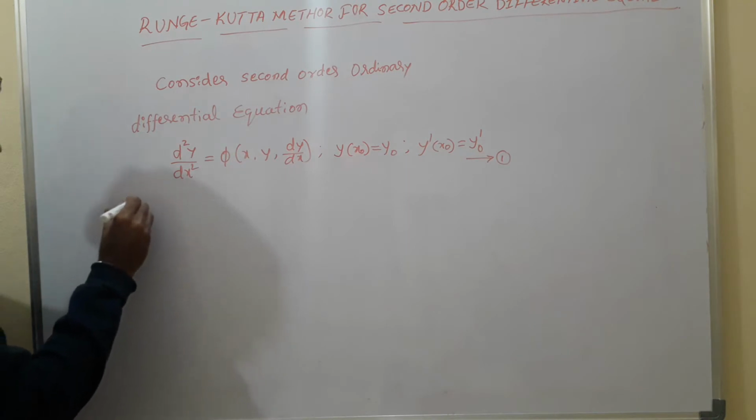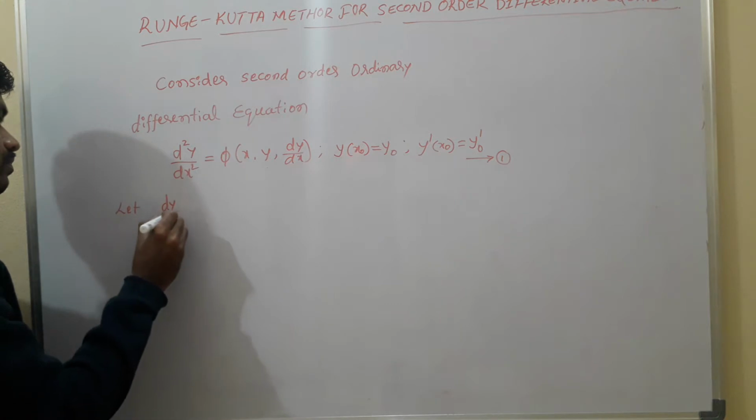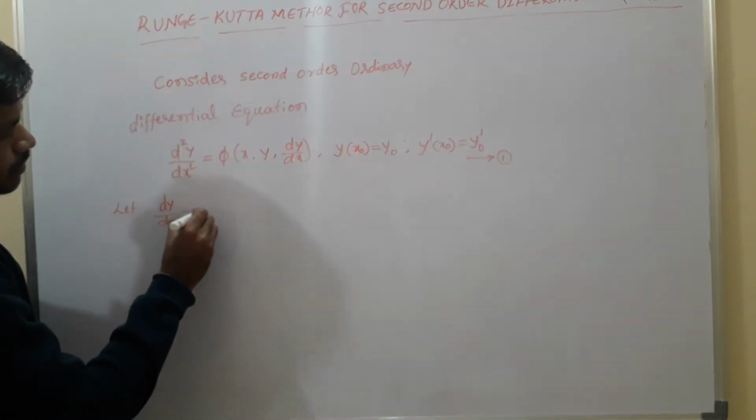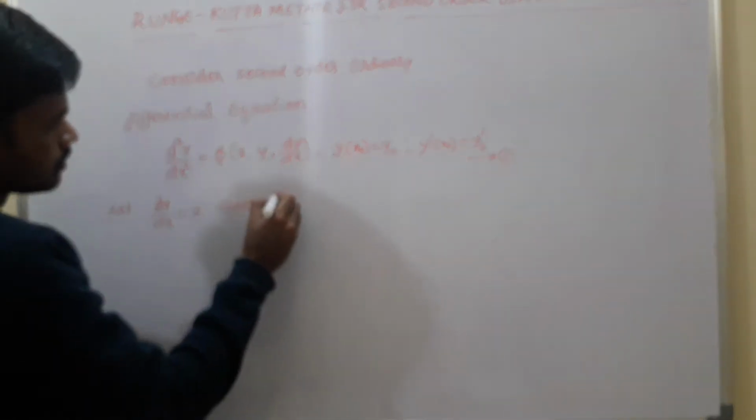Let dy by dx equal to z, then d2y by dx square equal to dz by dx.